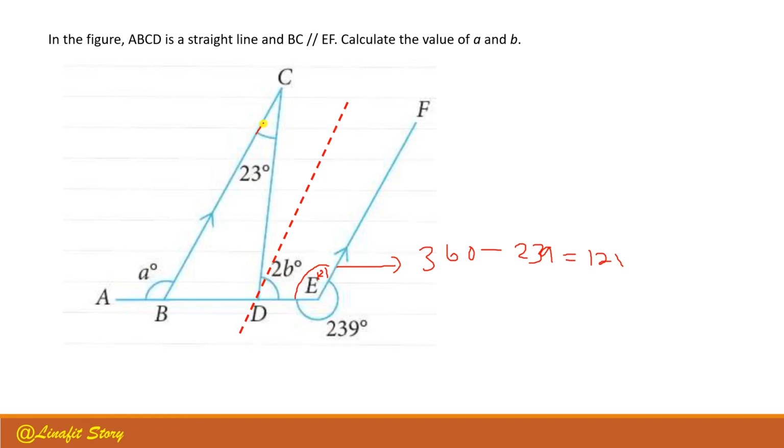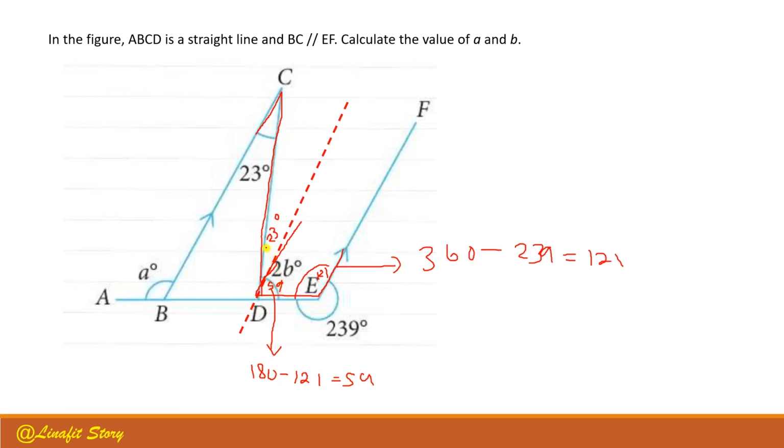And then now over here we can see there is the Z shape. Z shapes are equal, so this is also 23 degrees. And then this is the C shape. C shapes add up to 180 degrees. So here is equal to 180 minus 121, which is 59 degrees.